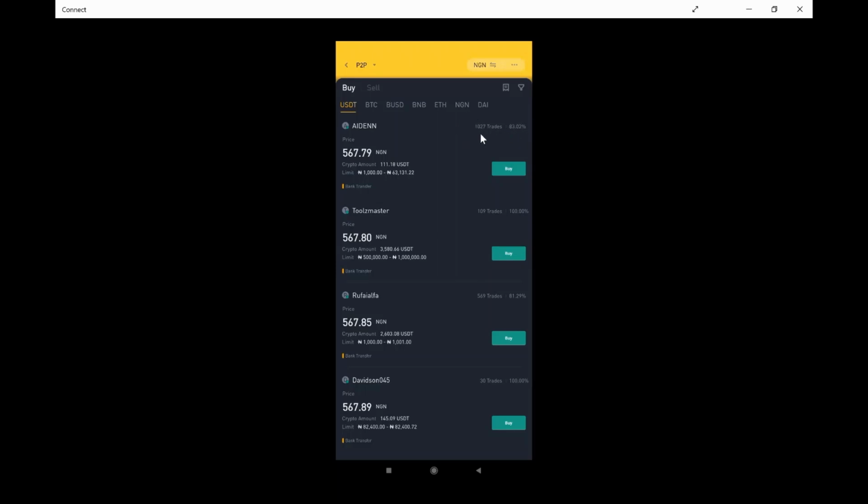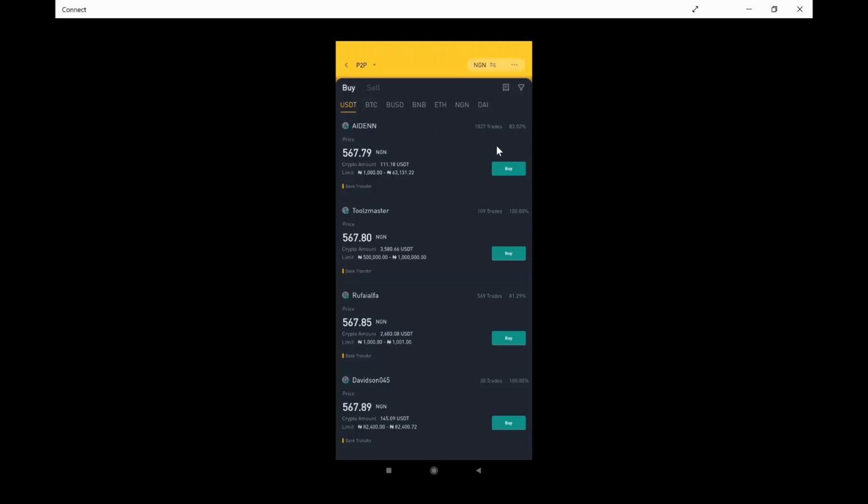Now, the more trades a seller has made, the more experience, the more trustworthy that seller is. And the higher the percentage, also the more trustworthy. You want to deal with someone who has undergone so many trades and has a high rate of completion.